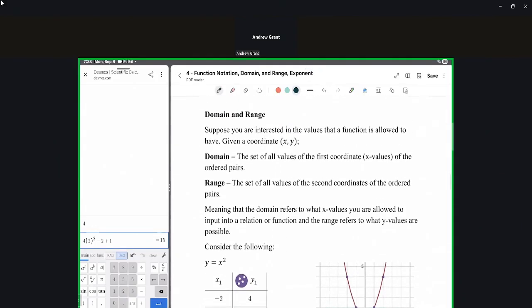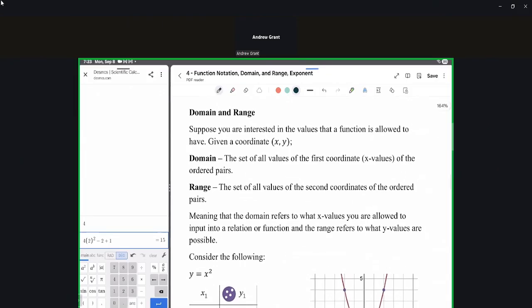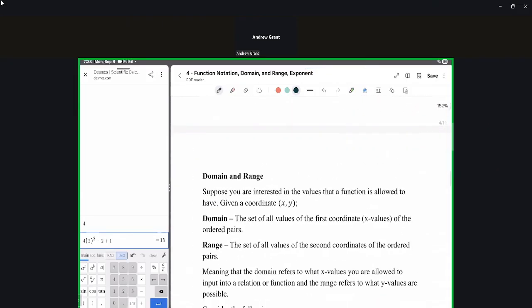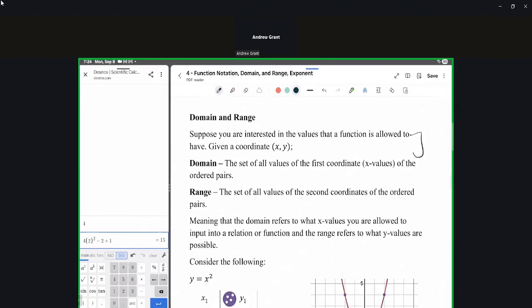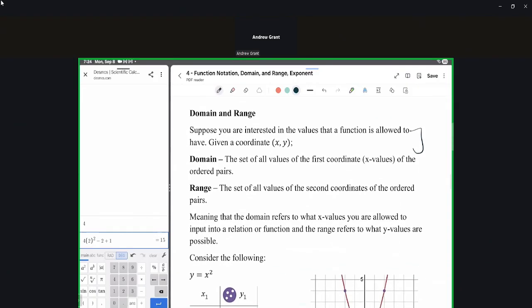The last big component of this is the idea of domain and range. So suppose we're interested in the values that a function is allowed to have. And these are given coordinates, say x comma y. The domain is the set of all values of the first coordinate of the ordered pairs. And the range is the set of all values of the second coordinates of the ordered pairs.